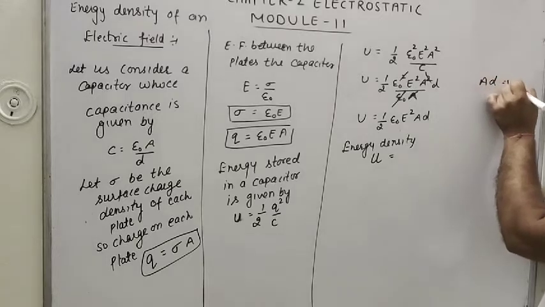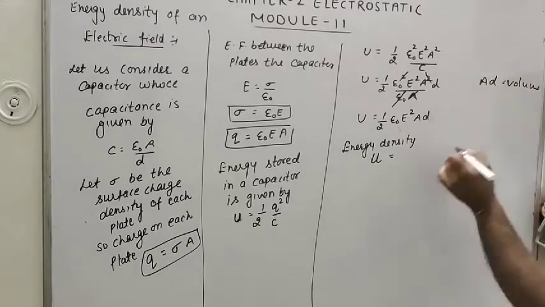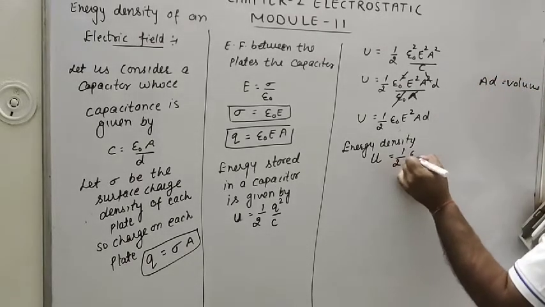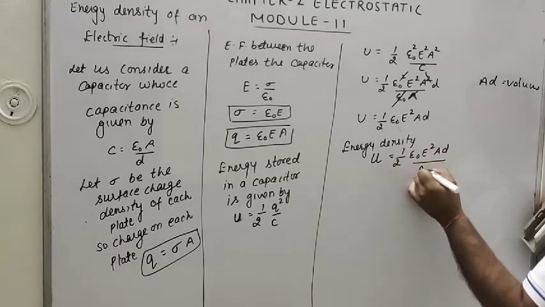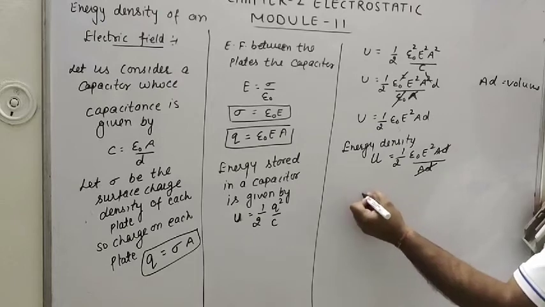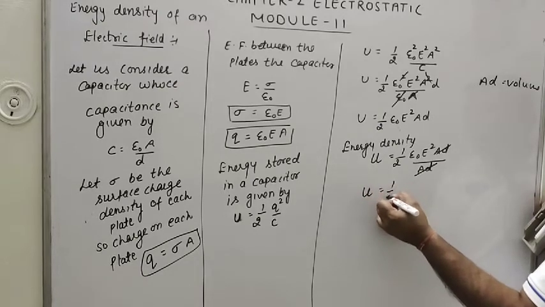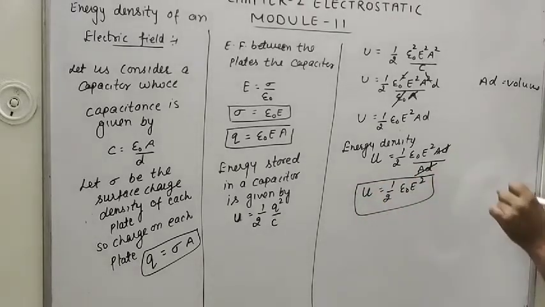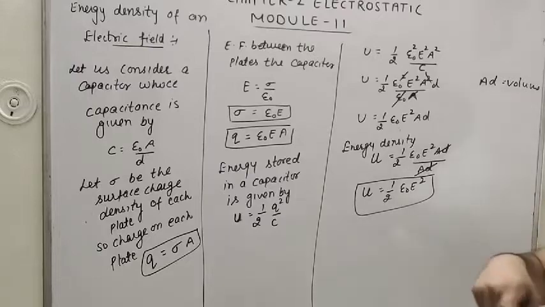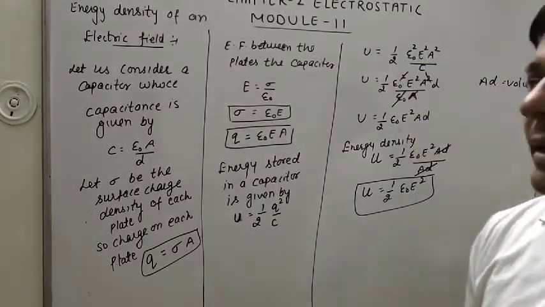So that is half epsilon naught E square AD, volume upon AD. So energy density is half epsilon naught E square. So dear student, this is the formula of energy density. Energy density can be defined as the energy stored per unit volume in a capacitor.